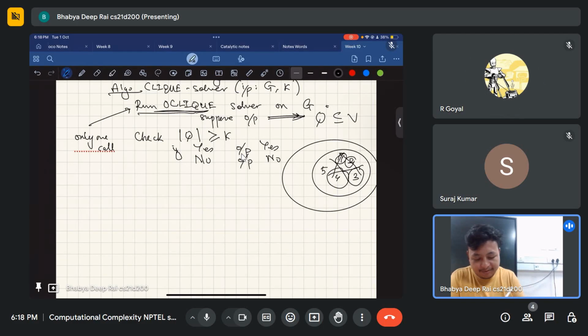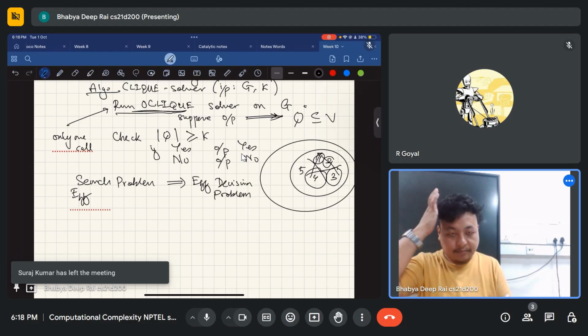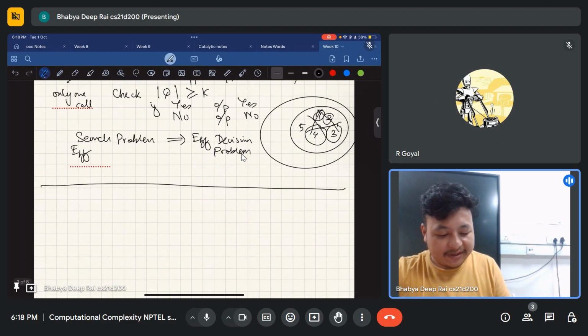Well and good. So as long as I have, not just optimization, in fact any search problem, an efficient search problem leads to an efficient decision problem.